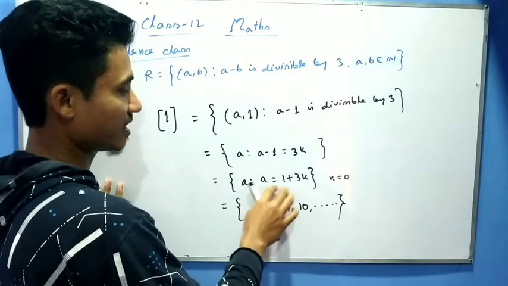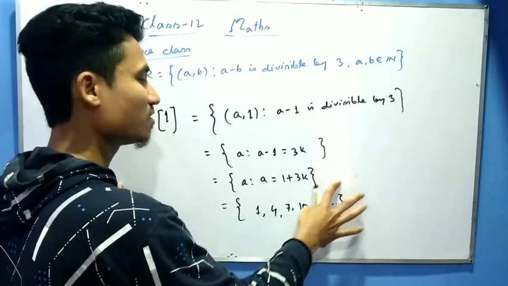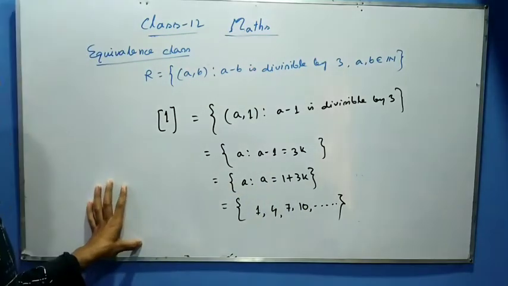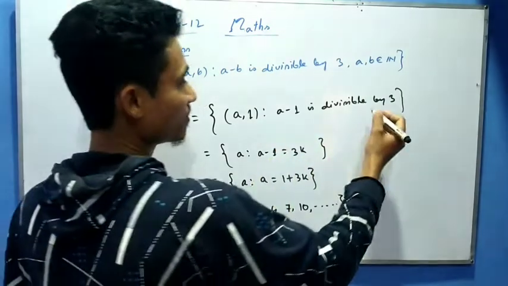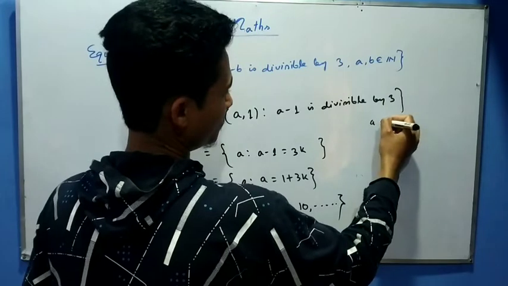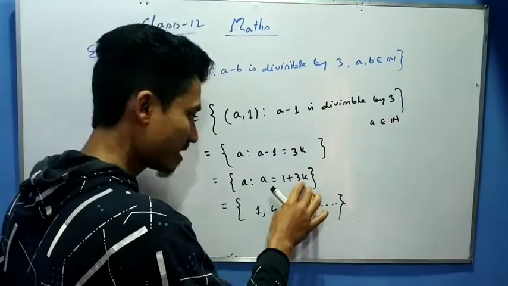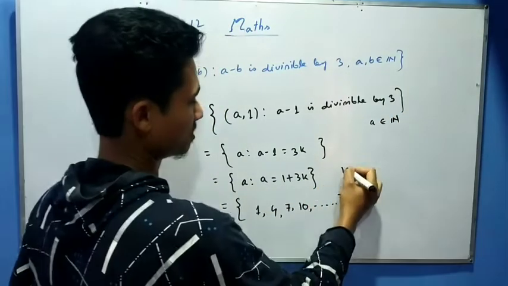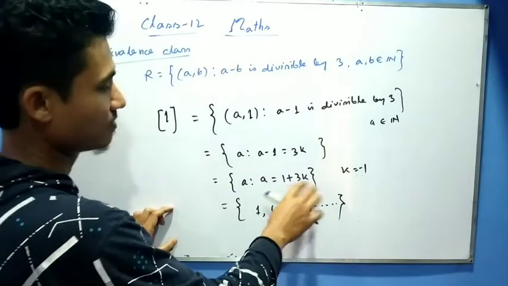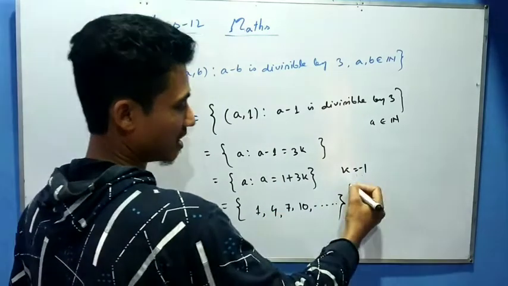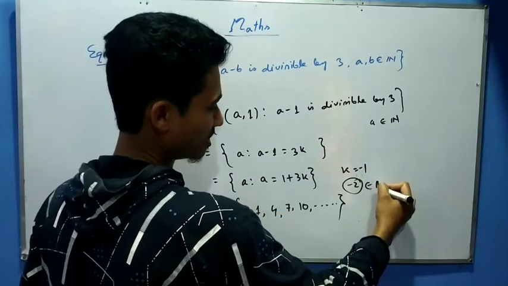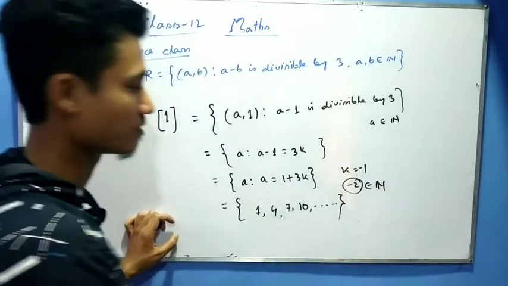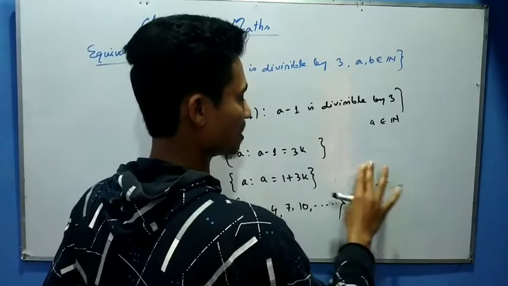Now a such that a equals 1 plus 3k. The value of k can be anything, but you have to remember a must belong to the natural numbers. Now if I put k equal to, suppose, minus 1, then 1 minus 3, the answer will be minus 2. Does minus 2 belong to the natural numbers? No. So this will not come in the equivalence class of 1.